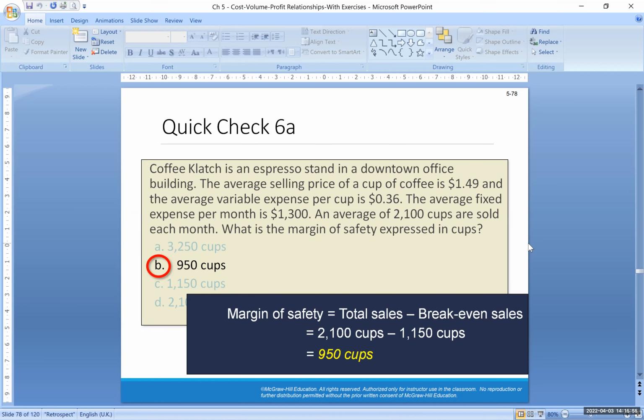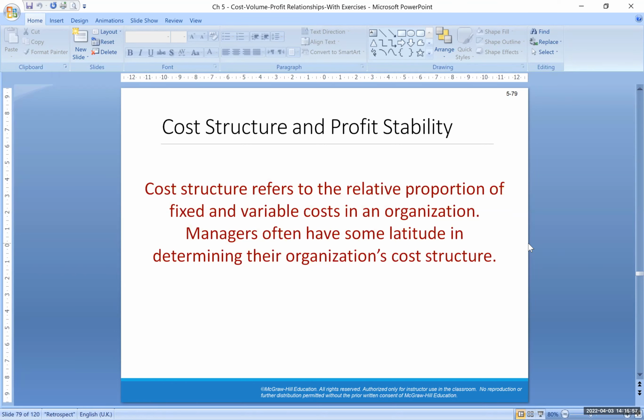Cost structure and profit stability. Cost structure refers to the relative proportion of the fixed and variable costs in an organization. Managers often have some latitude in determining their organization's cost structure.